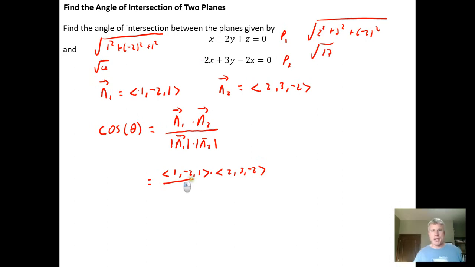So we would pop that in here. We'd say, hey, look, I've got the square root of 6 times the square root of 17.